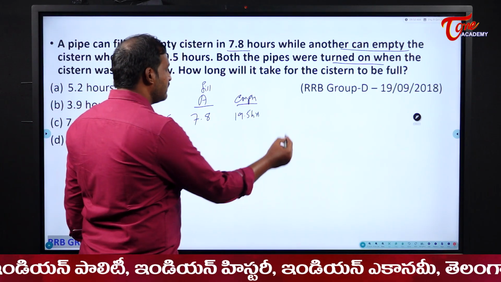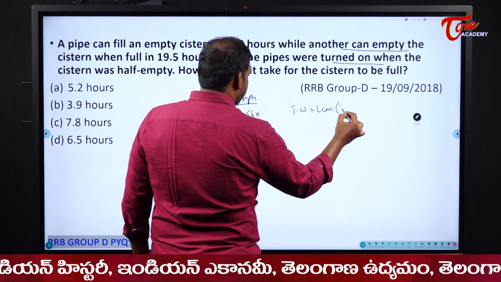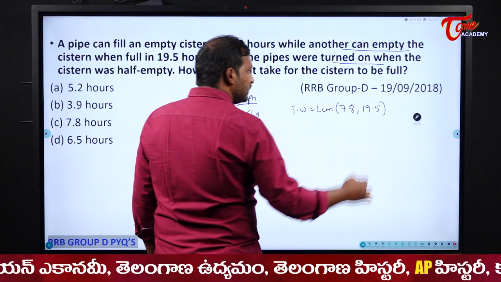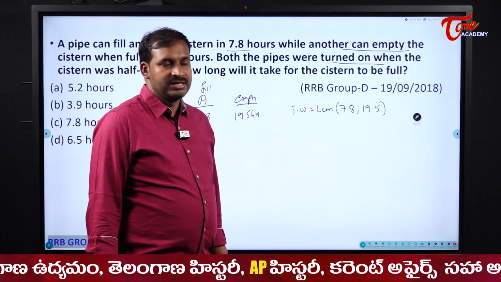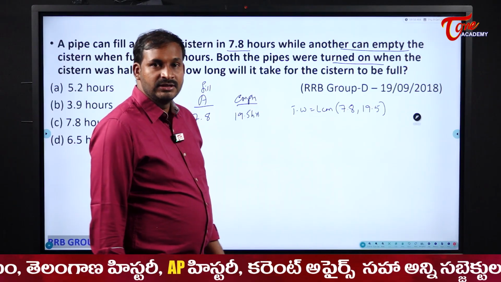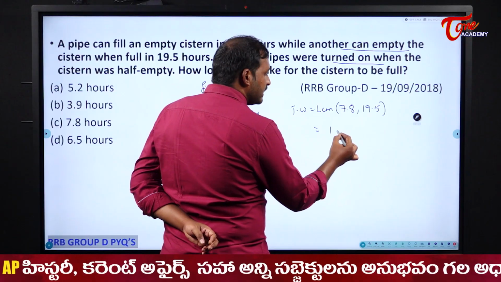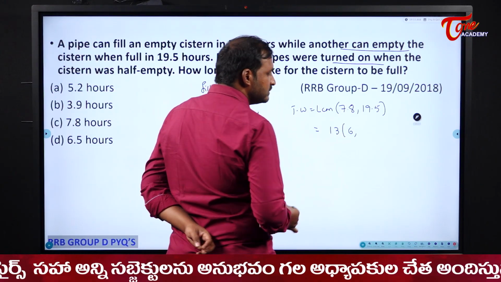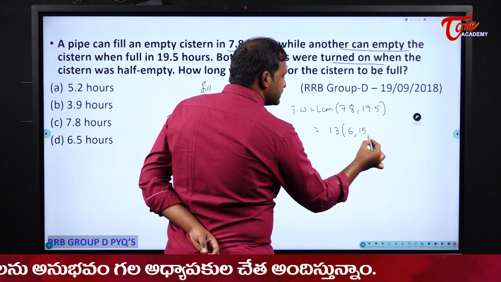First, as usual, please find out total work. Total work is equal to LCM of 7.8 and 19.5. For the time being, forget about decimals, students. 78 and 195. If you observe carefully, I can take 13 common: 13 6s are 78 and 195 is 13 15s.